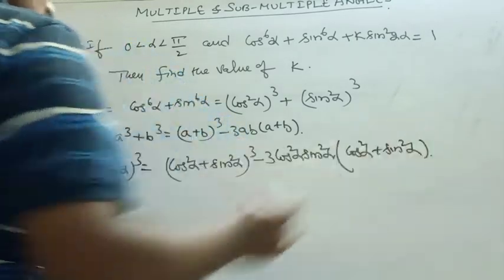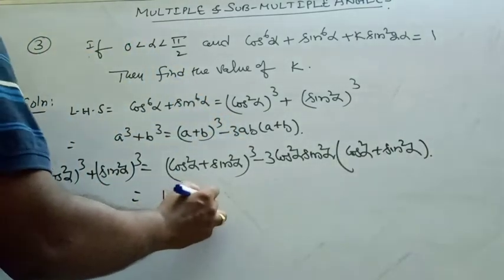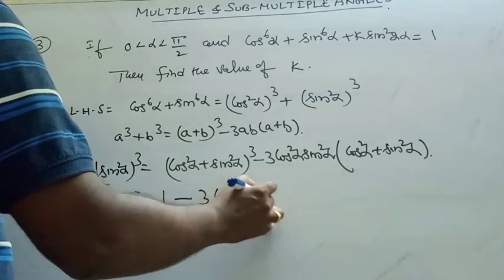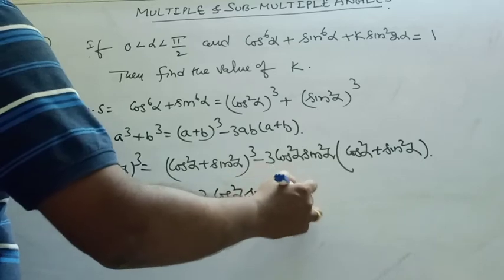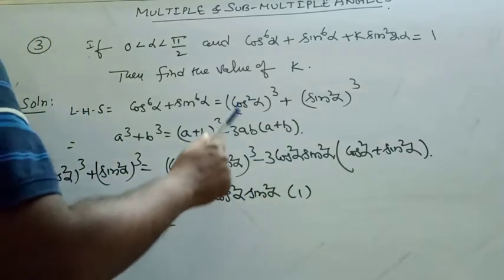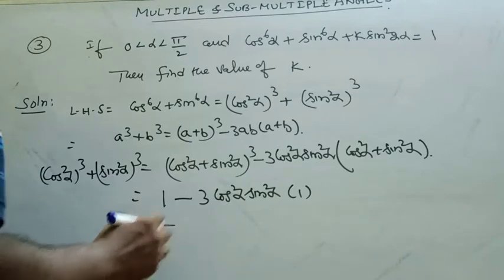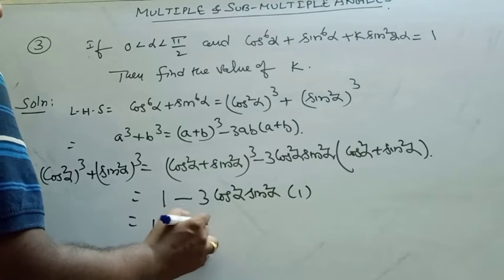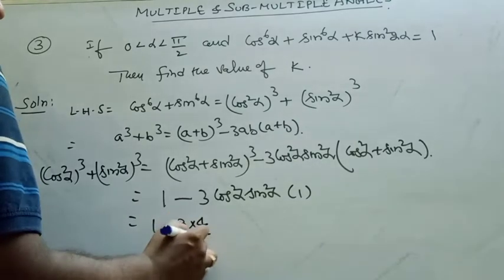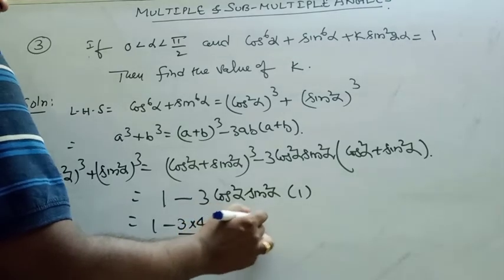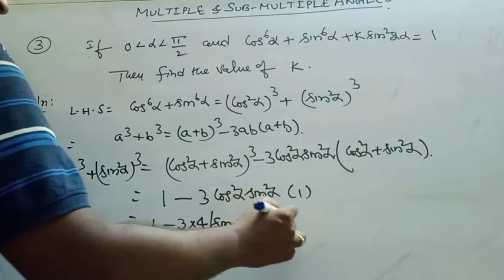Now this is 1 minus 3 into cos square alpha sin square alpha into 1. Now here we want to apply sin 2 alpha. For that, multiply with 4 and divide by 4. This is what you have, sin alpha cos alpha whole square.